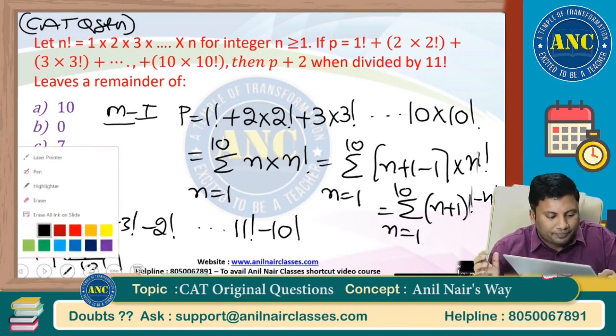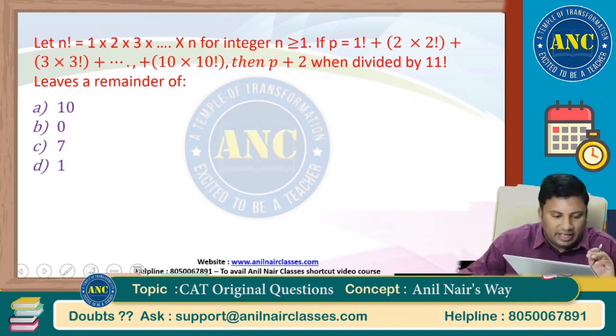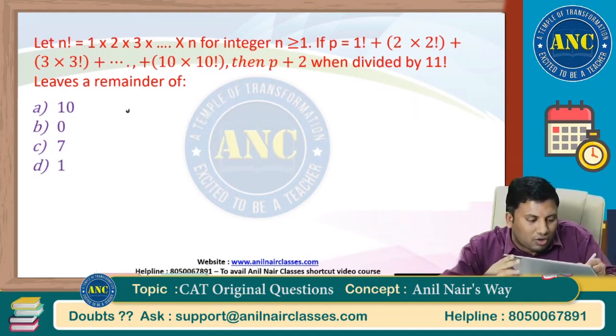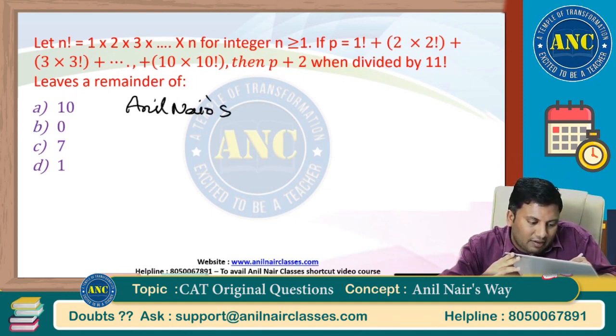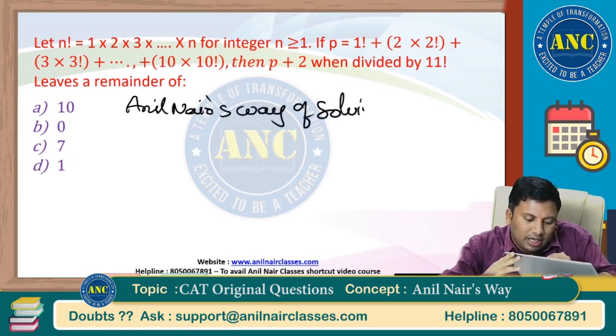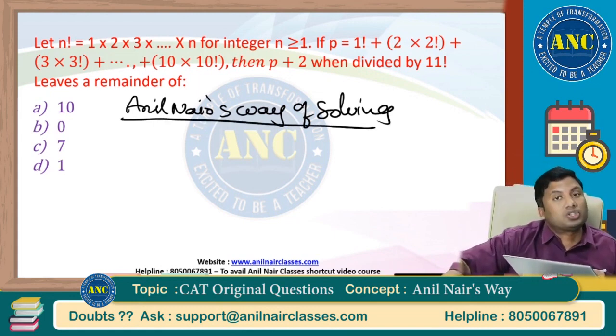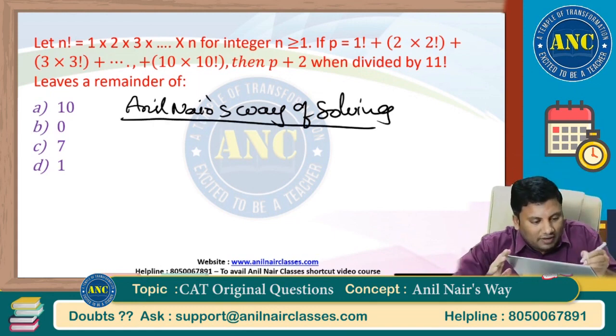Let us see. First thing, see here sir. Anil Nair's way of solving the question in less than 10 seconds. How will I solve this question? It is good to respect the traditional method, but also know the unique way of solving.